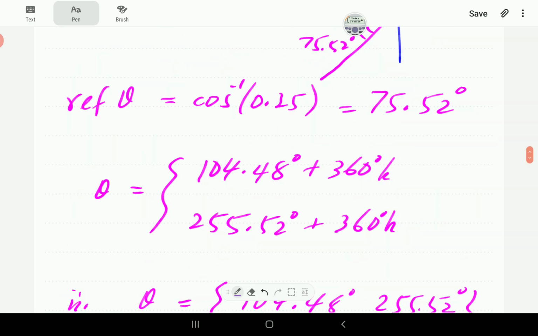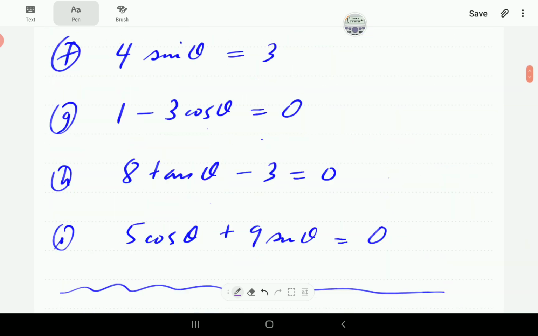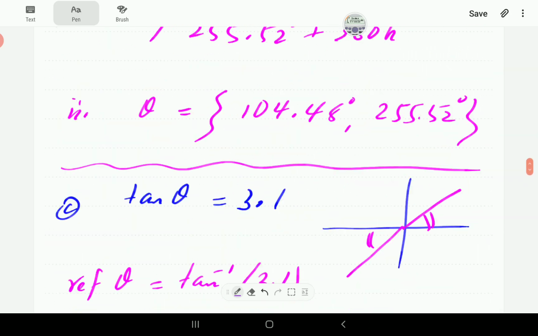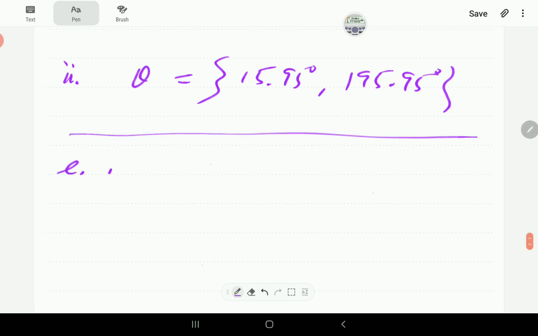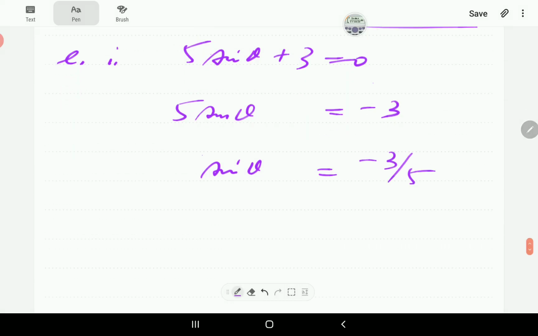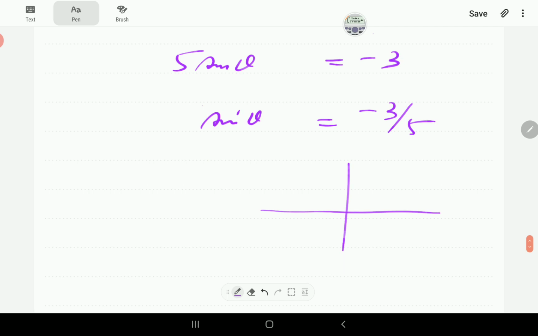Okay, so that is example number D. Example number E, we have 5 sine theta plus 3 equals 0. So 5 sine theta plus 3 equal to 0 is E. So the first thing we're going to do here is isolate the trigonometric function, which is the sine theta. So that's going to give us sine theta is negative 3 over 5. So this is saying we are looking for quadrants where sine is negative.